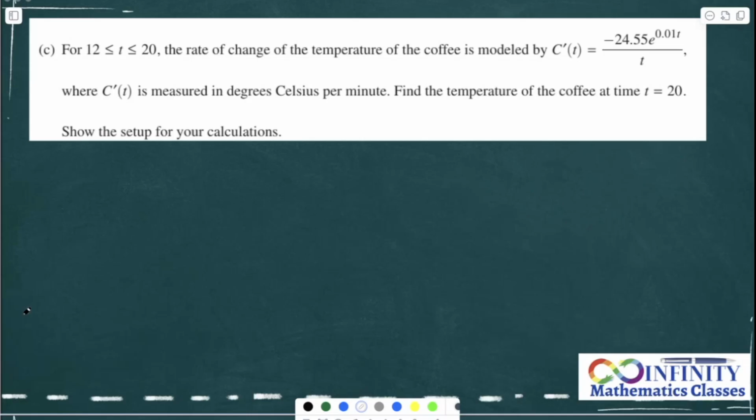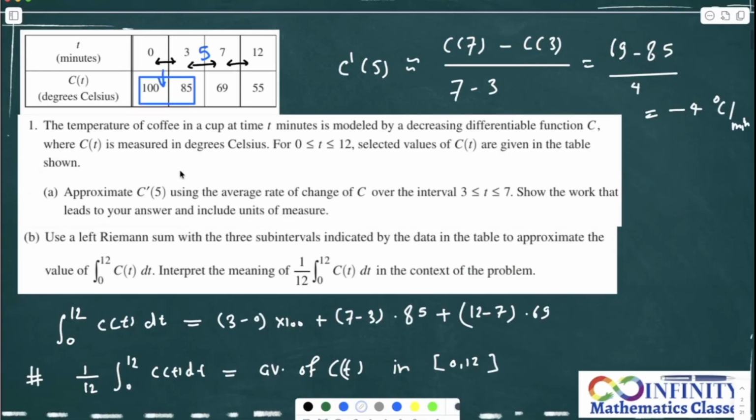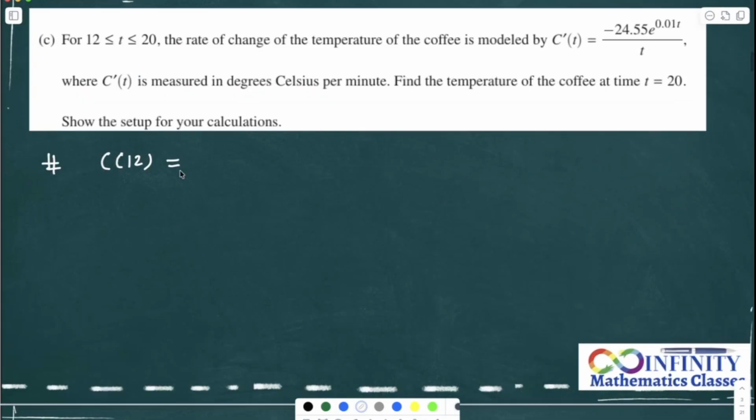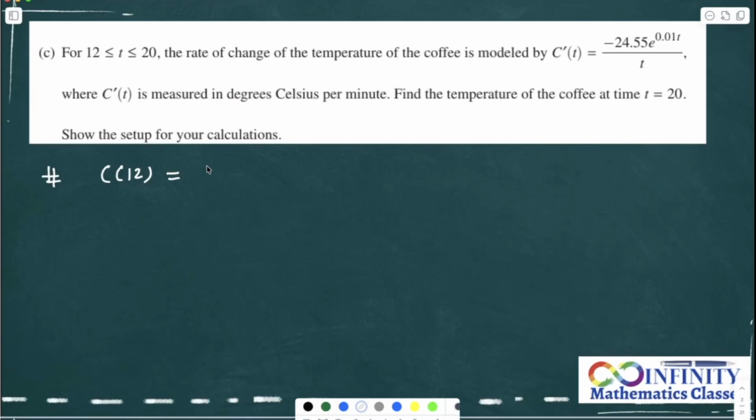According to the table, you know what is going to be the temperature at 12. Am I right? What was given to you? 55 degrees. So this is given to you. And I'm looking for C(20). This is the question.